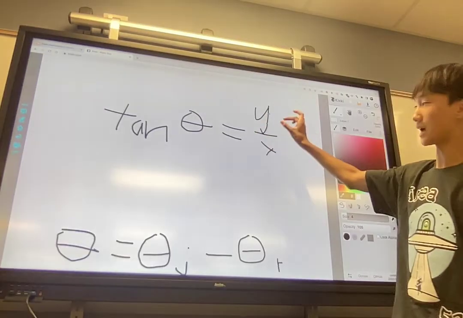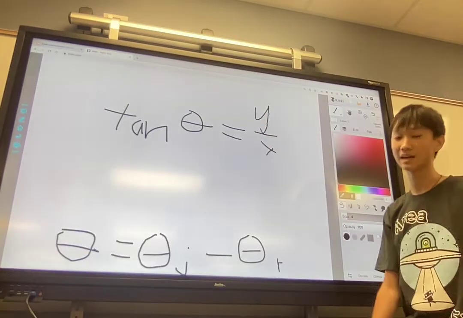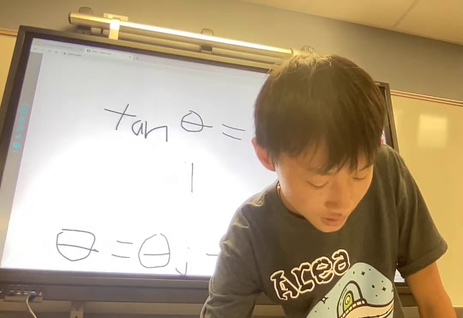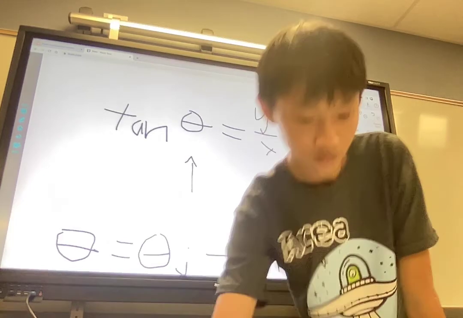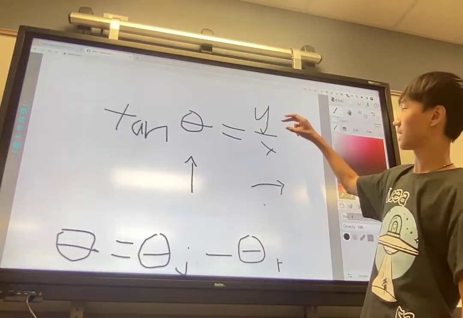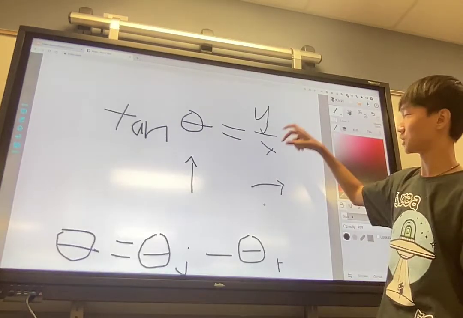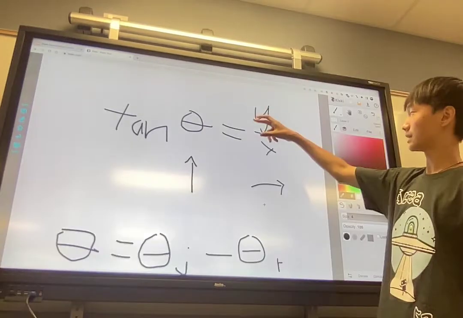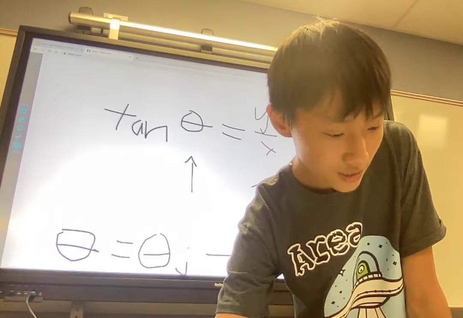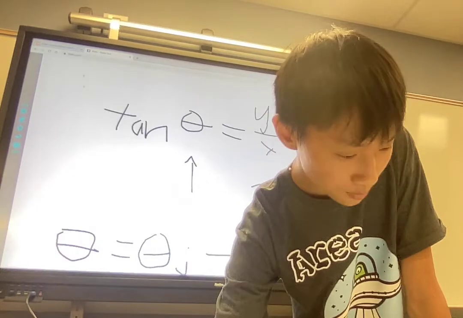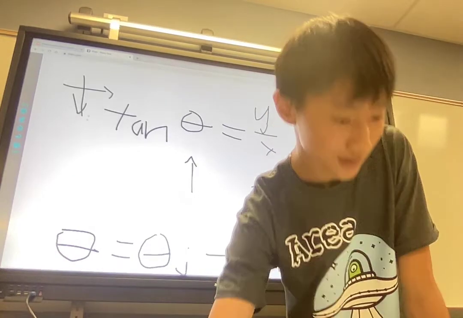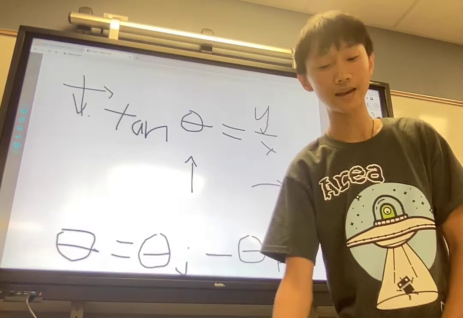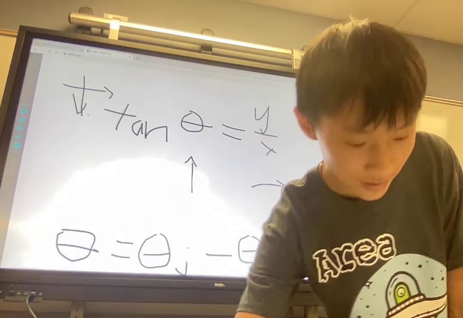It's going to turn into x over y instead, because 0 degrees for the robot is facing upwards instead of to the right. So the opposite side is actually going to be x, and the adjacent side is actually going to be y. And then we're also going to make this negative, because on the joystick, the coordinate system looks like this, and downwards is the positive y direction, which means upwards is the negative y direction. And so we need to reverse it and make it negative.